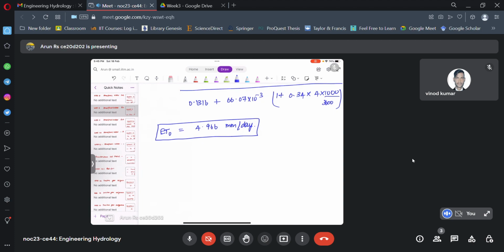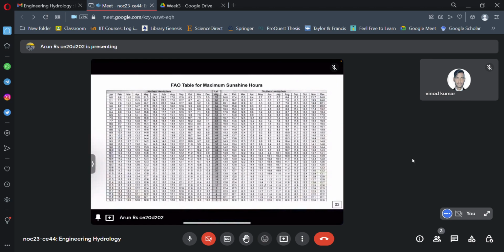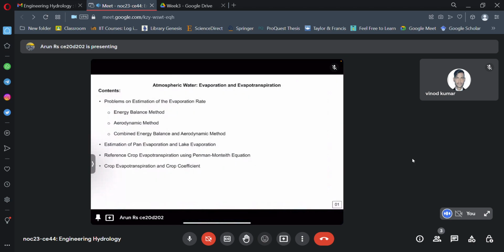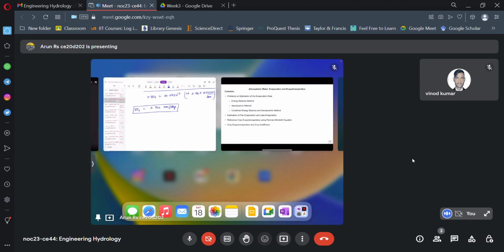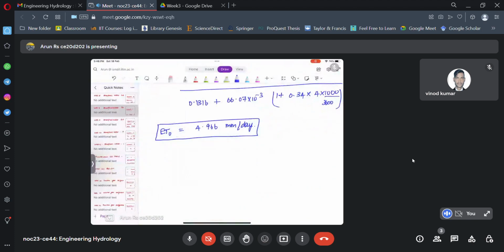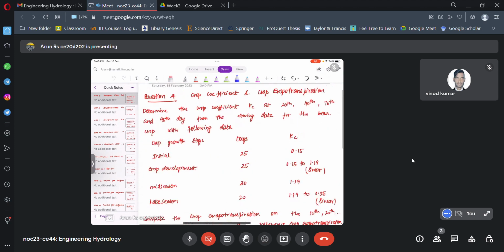In the next question we will see how to estimate the evapotranspiration for a given crop and crop coefficient. Each crop will have a different crop coefficient and different evapotranspiration rates. So that's why we need the Kc, that is the crop coefficient.